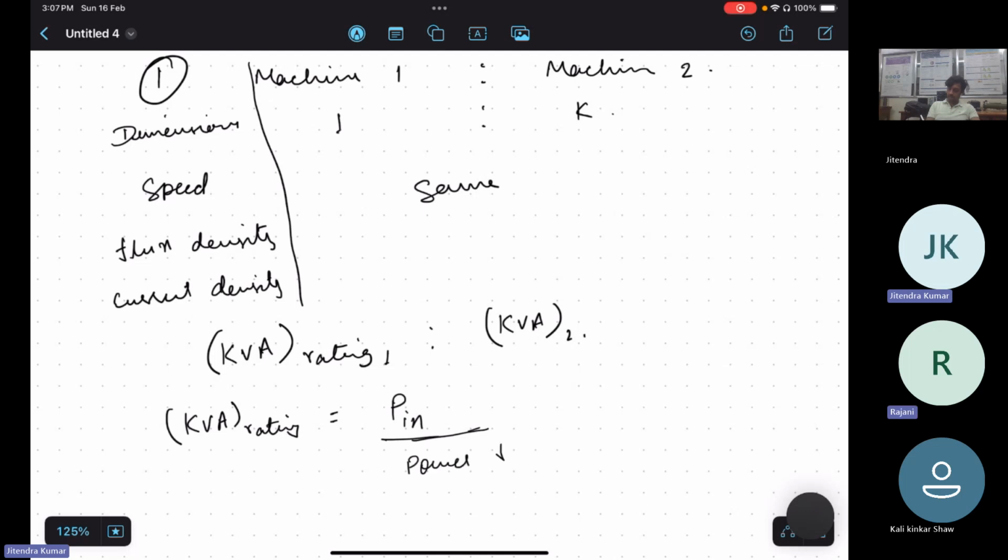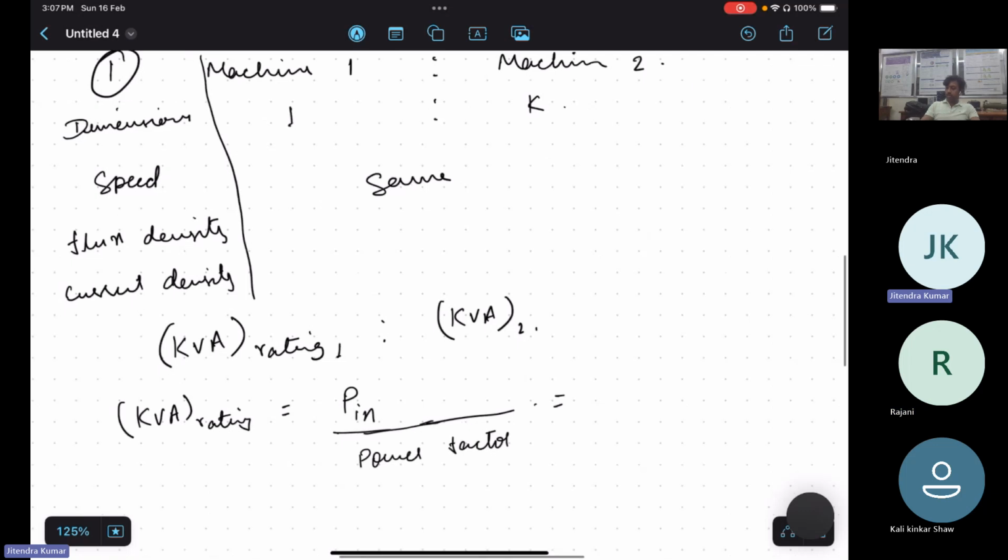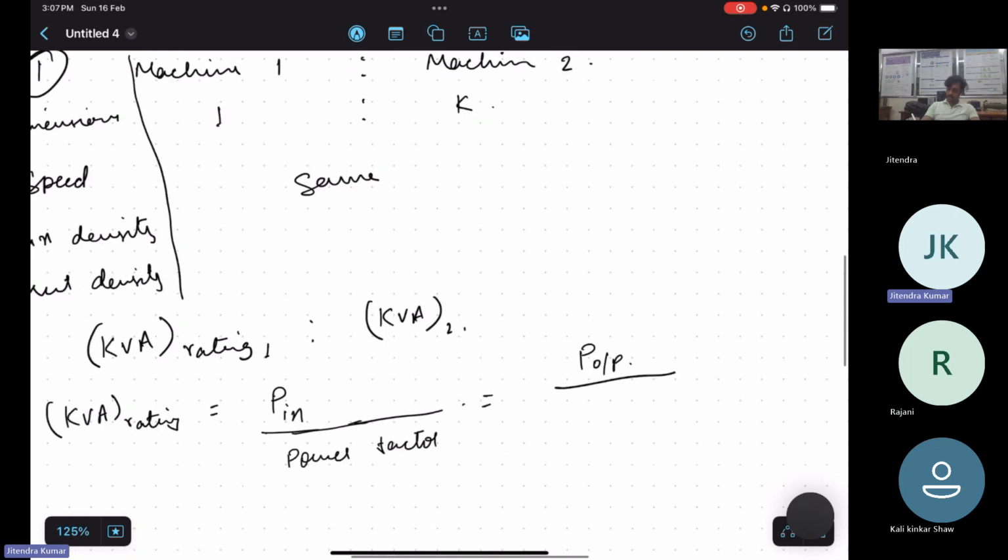Perfect. And can we describe input power in terms of output power? T into omega, right? So I just want to write in terms of efficiency. Pure efficiency. And finally, it will be torque into omega divided by efficiency into cos phi.